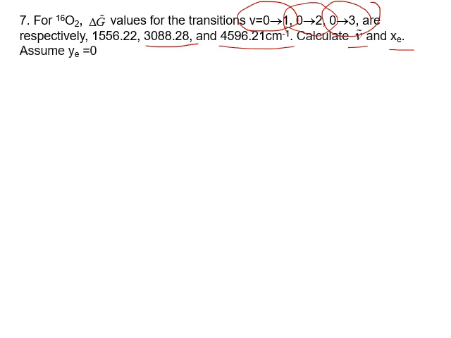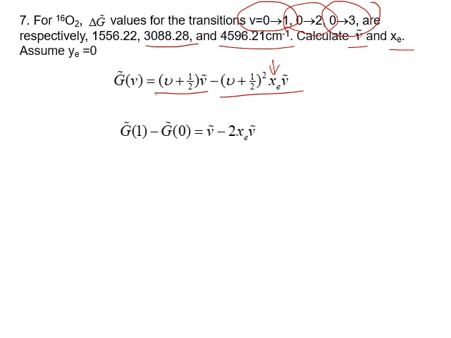So the theory predicts that the transition between energy levels is calculated by this equation, where this is a harmonic oscillator term, and this is the anharmonicity with the anharmonicity constant. So using this equation, as we showed in class, the fundamental transition from 0 to 1 should equal this equation.